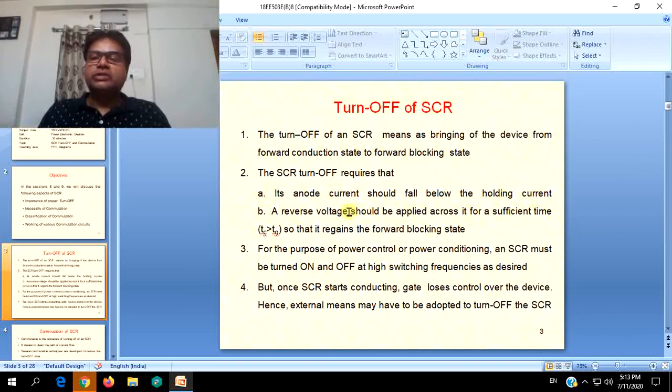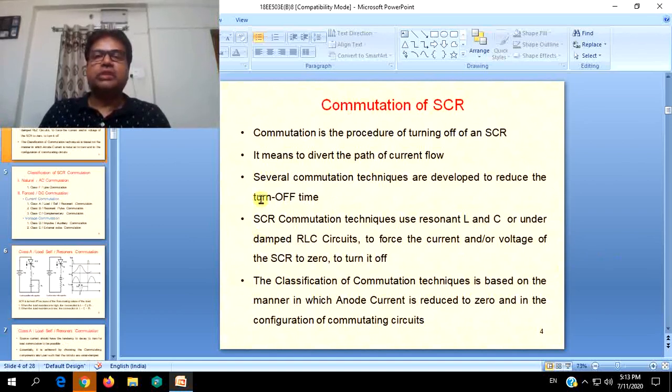These two conditions will be satisfied in the circuit, maybe naturally, or we have to adopt some external procedures by incorporating some extra components into the circuit other than the SCR to make turn off possible. Those procedures are called commutation procedures. Commutation is the procedure of turning off an SCR. The turning off procedure of an SCR itself is called commutation.